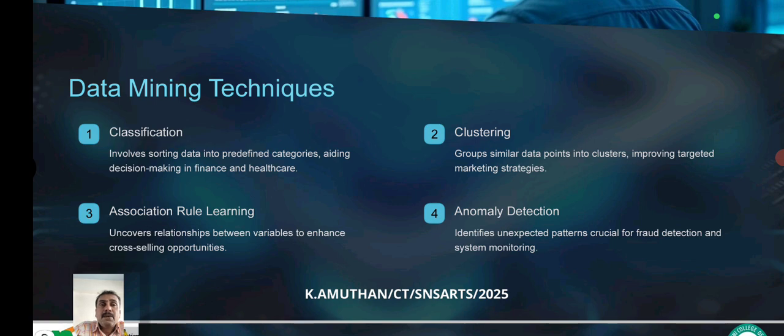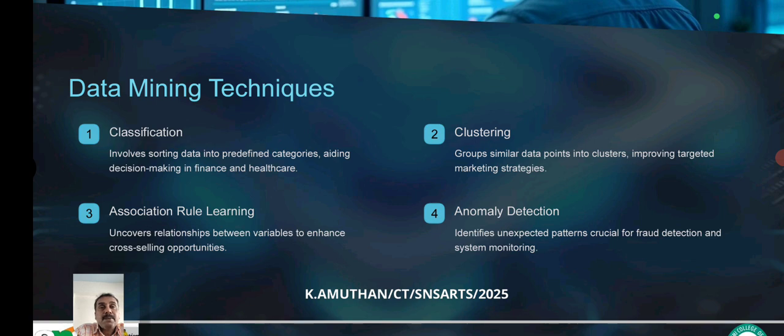There are four types. One is classification. Classification involves sorting data into predefined categories, aiding decision making in finance and healthcare. The next one is clustering. What does clustering mean? A cluster is a group. It groups similar data points into clusters, improving targeted marketing strategies. The third one is association rule learning.